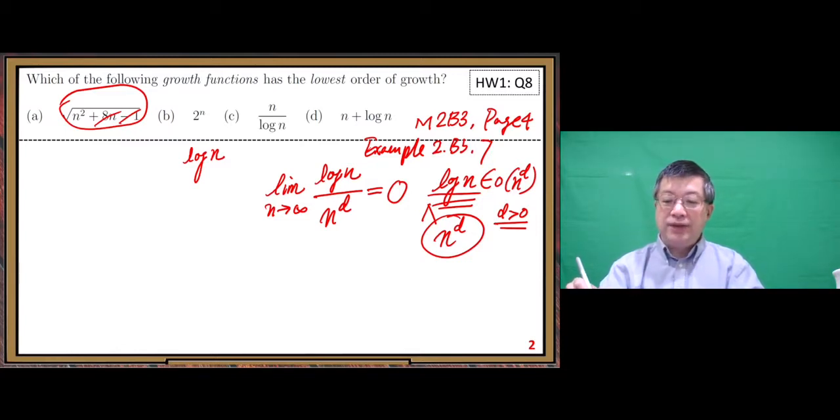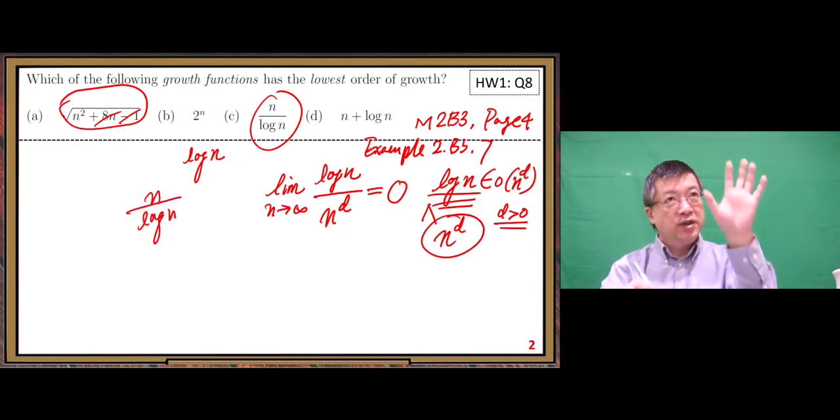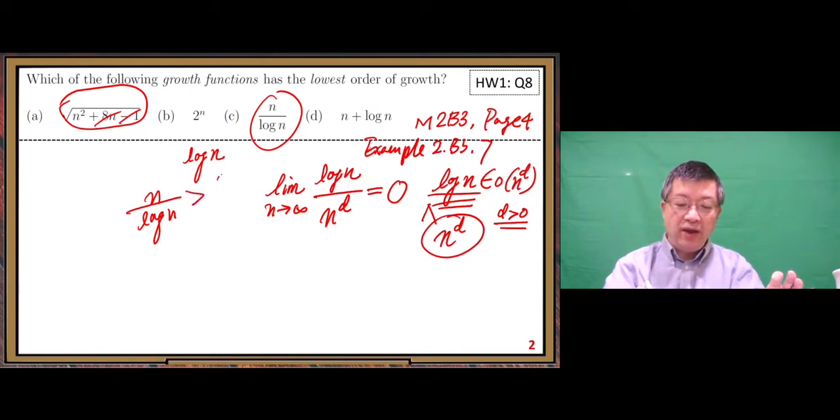So with that, you can see how to deal with it. You divide it by n. Eventually it will be greater than n over n to the d.